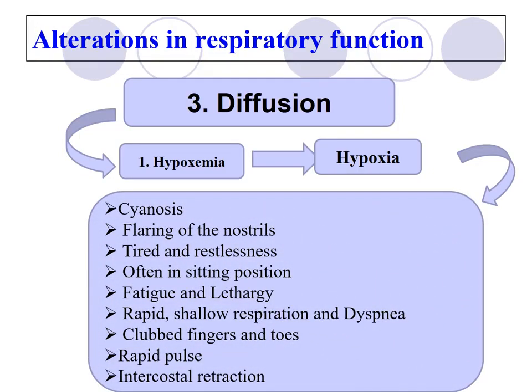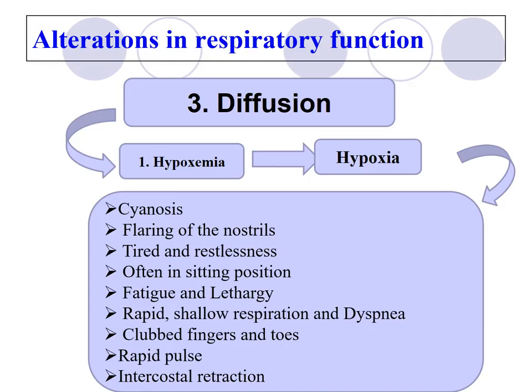The signs and symptoms which appear on the patient in this case are cyanosis and flaring of the nostrils, so you'll see widening of the opening of the nostrils. The patient will tire easily, with fatigability, and will be restless due to the low level of oxygen going to the brain.